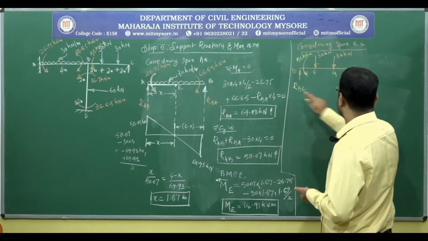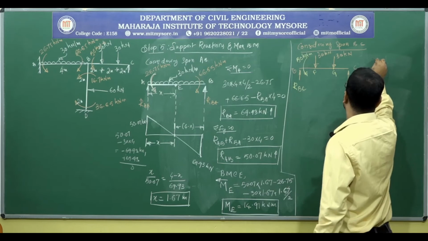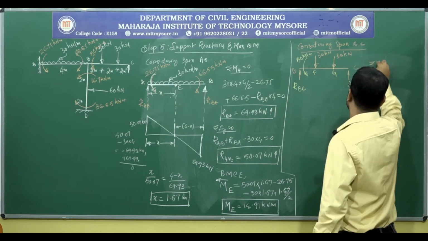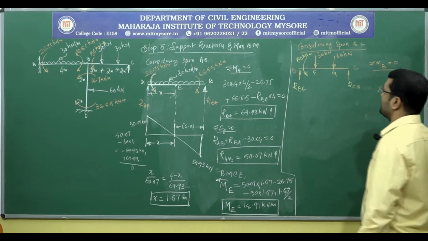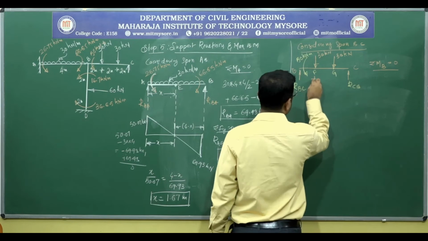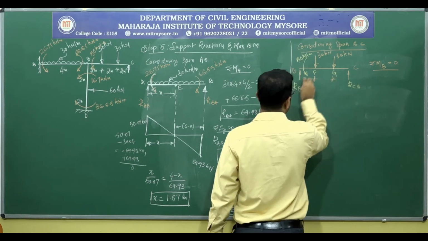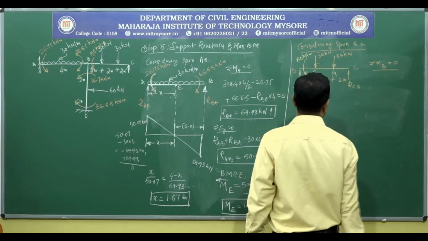Okay, now to determine the reactions, what I will do, I will impose the moment condition first. That is, algebraic sum of moments about B must be equals to 0. So we all know that the distances are here 2 meter, 2 meter and 2 meter.